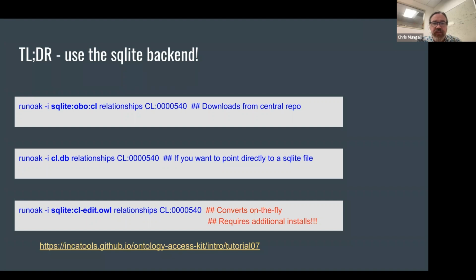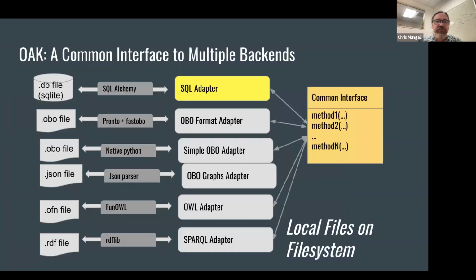So there's a tutorial on how to do this. But the short story is we're going to be making this part of the process easier. If you're a curator working with, say, the edit version of an ontology, it's maybe a little bit more painful at the moment. But for all other use cases, your best bet is to just use the ready-made SQLite versions.